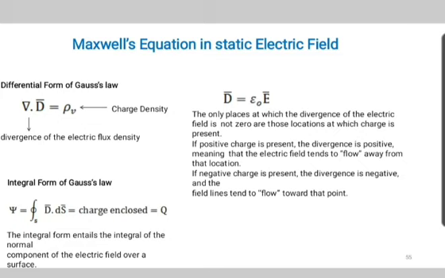Then Maxwell's third equation states that the curl of electric field intensity is 0. So del cross E bar is 0. The electric field is radial in nature. So the electric field intensity or potential at all points which are at equal distance is the same. Consider a fixed charge Q and different points at the same radial distance r from it.